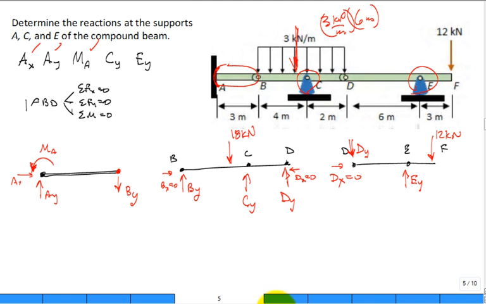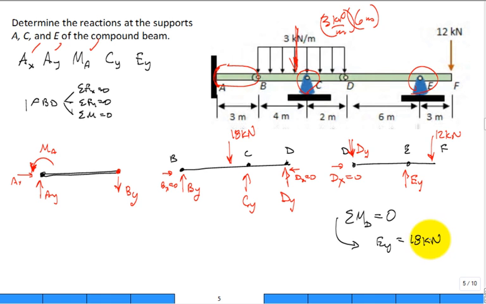So it looks like I would come over to this system right here. What would I do if I did the sum of the moments around point D equal to 0? What would it give me? Wouldn't it give me E sub y? Yeah, and that E sub y comes in at 18 kilonewtons.